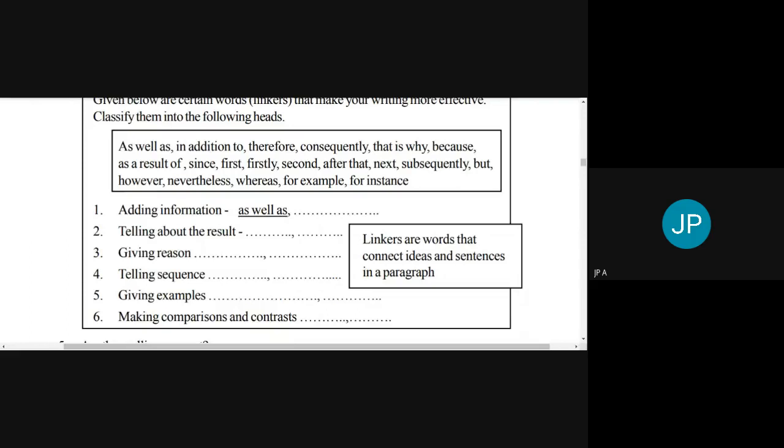However has the same meaning. Yes, Rishma. Nevertheless and however have the same meaning. But also, yes. But. So they have the same meaning. However and nevertheless. രണ്ടും ഒരേ മീനിങ് ഉള്ള വാക്കുകളാണ്. Okay, these are the words which are used for making comparison.